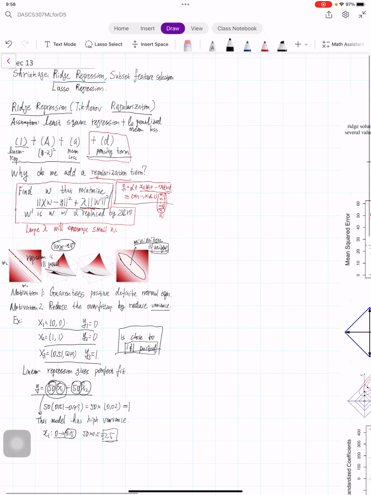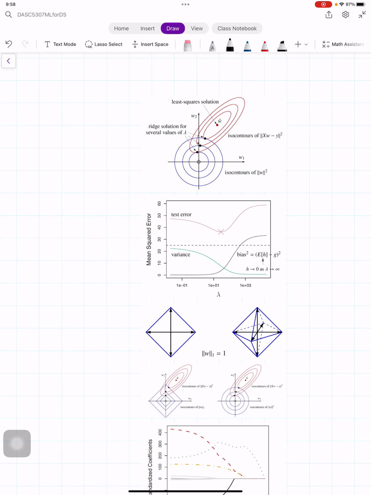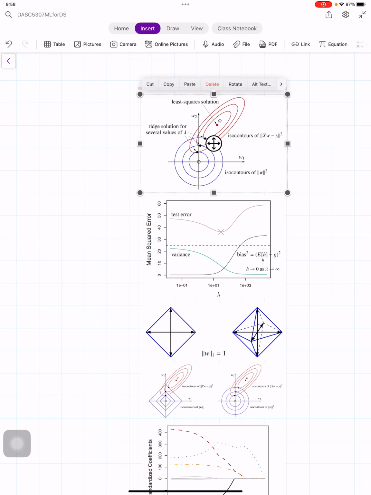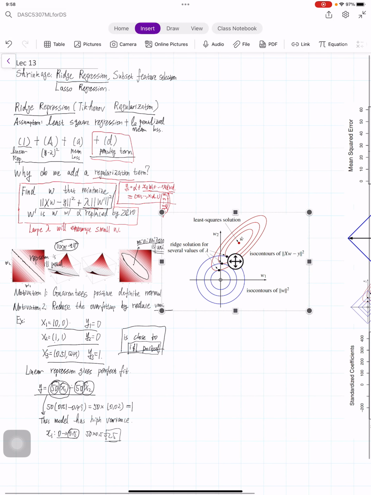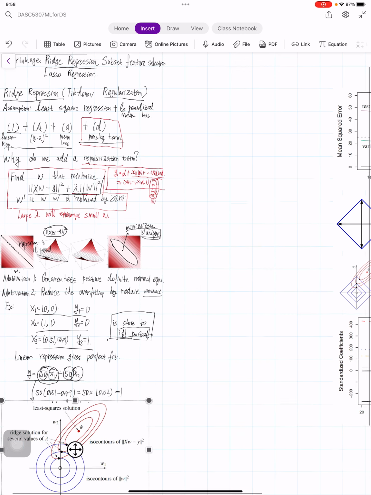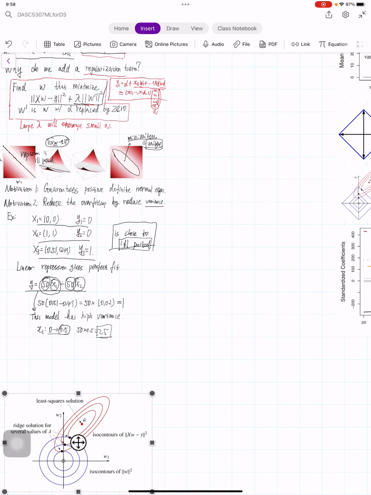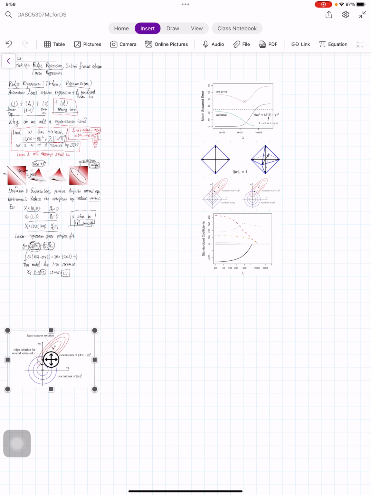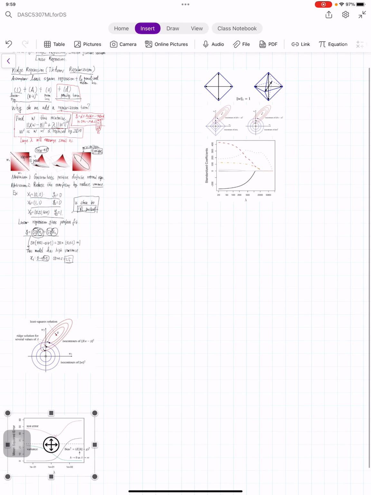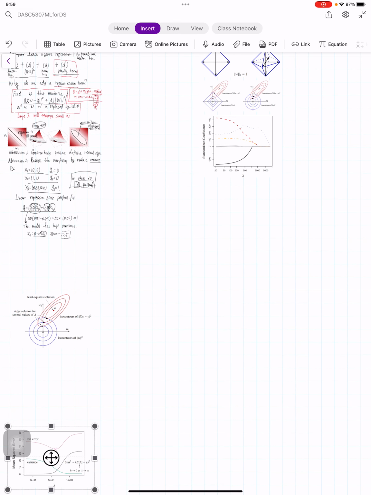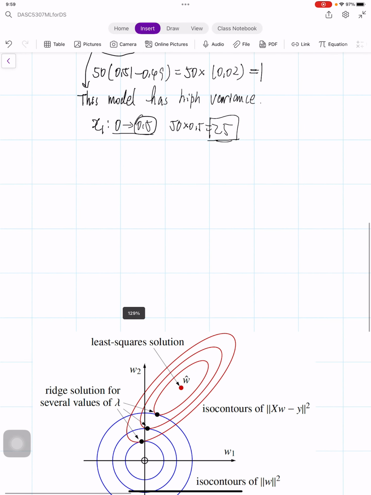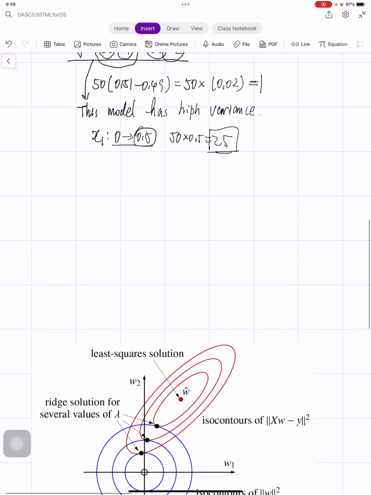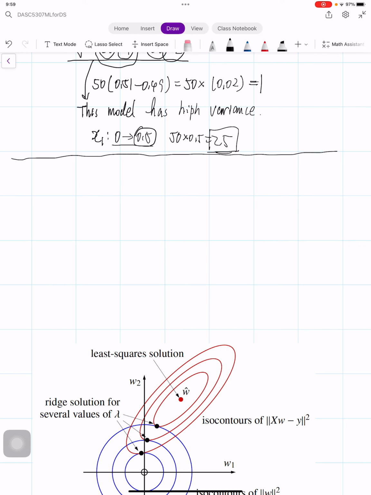And I will give you 2 more plots here. Where does the ridge regression solution come from? So now the problem is how to solve for the ridge regression solution.